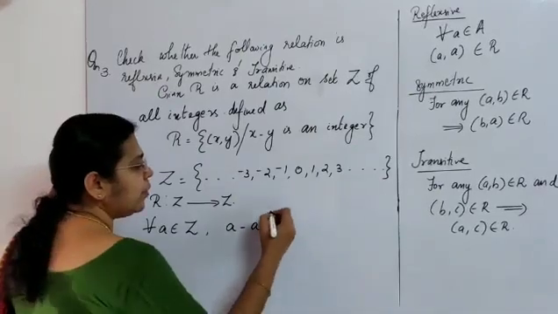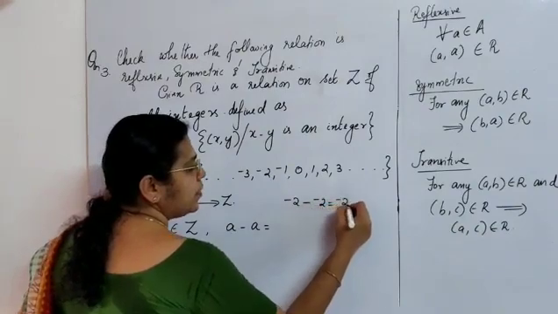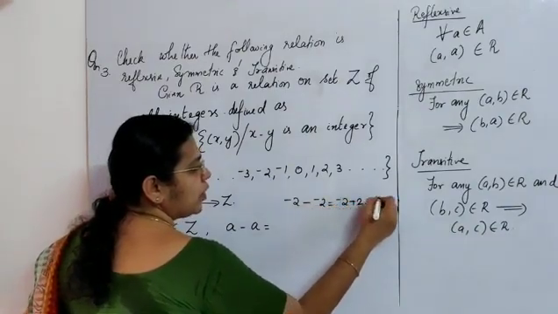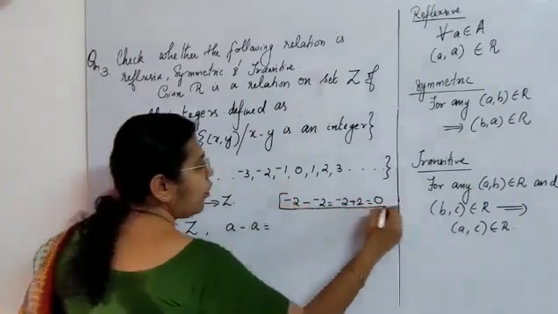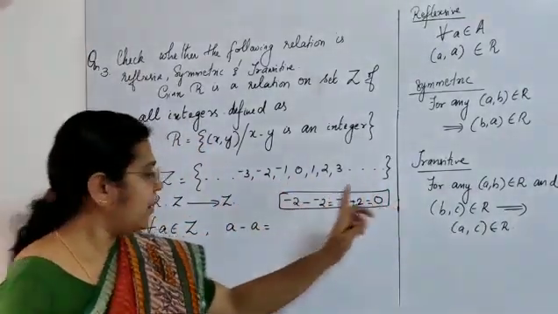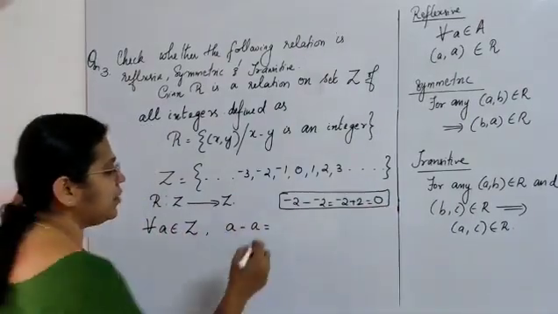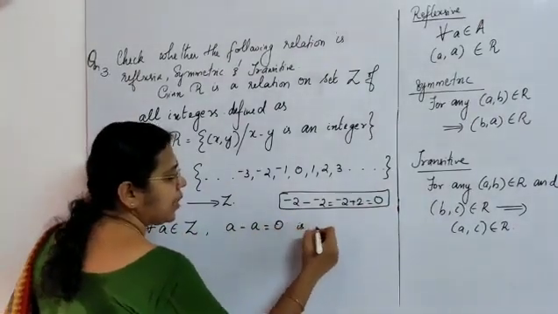What will you get? That is equal to 0. This is for all elements. Whatever you take from the set Z, for all elements a belonging to set Z, a minus a, which is equal to 0, is an integer.